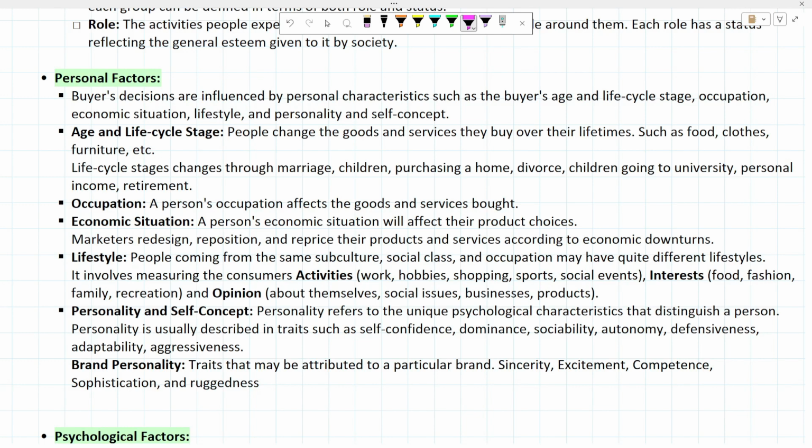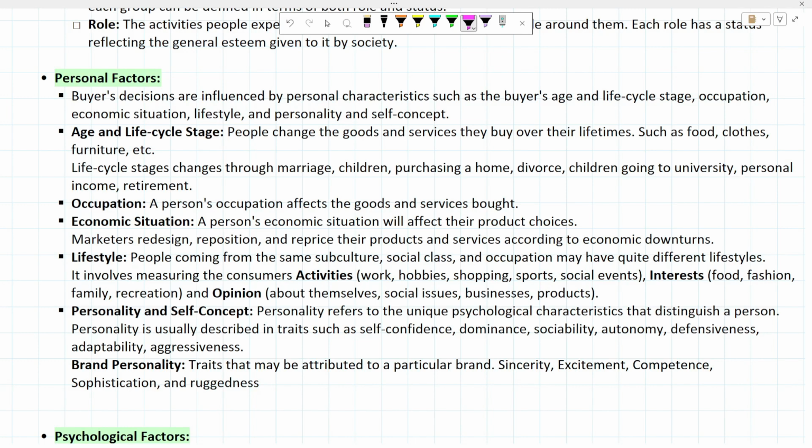Occupation is normally the job that you have. A person's economic situation will affect their product choices. Marketers redesign, reposition, and reprice their products and services according to economic downturns. Lifestyle: people coming from the same subculture, social class, and occupation may have quite different lifestyles.